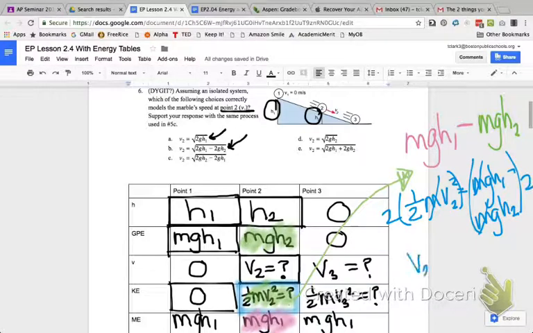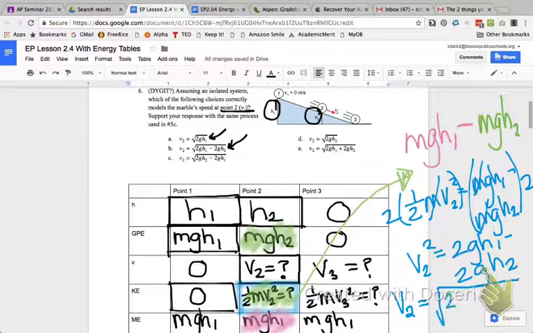That gives me v2 squared equals 2gh1 minus 2gh2. And then I square root: v2 equals the square root of 2gh1 minus 2gh2, and that is B.